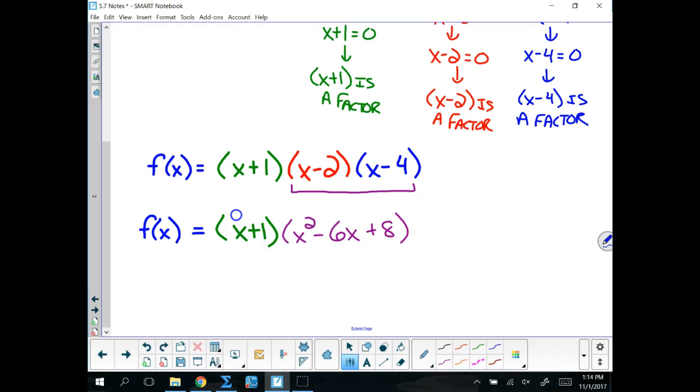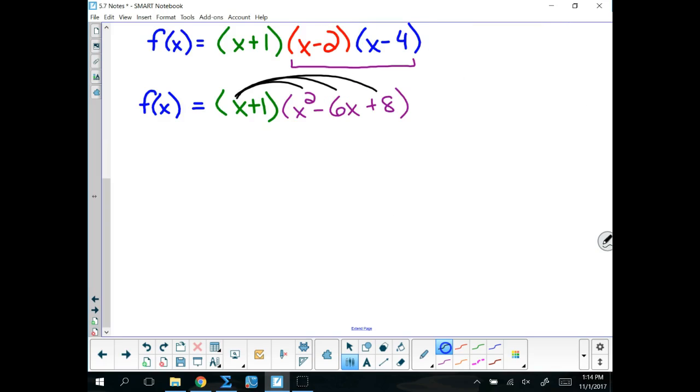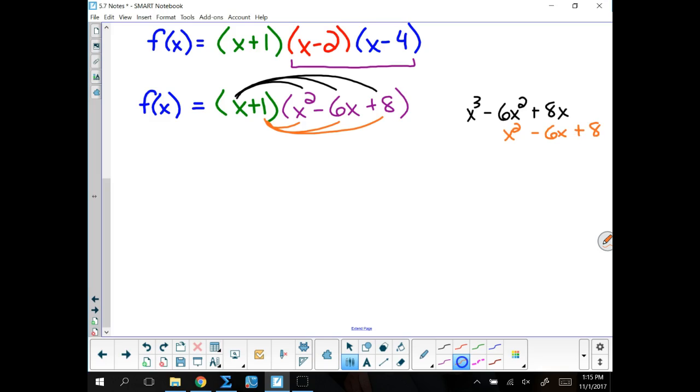So now I take that x term and I multiply it into all of those. So a little sidebar action, that would be x cubed minus 6x squared plus 8x. Then I take that positive 1, multiply it into all 3, and that would be x squared minus 6x plus 8.